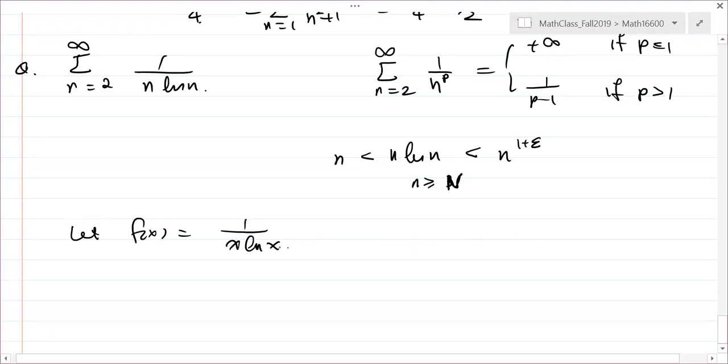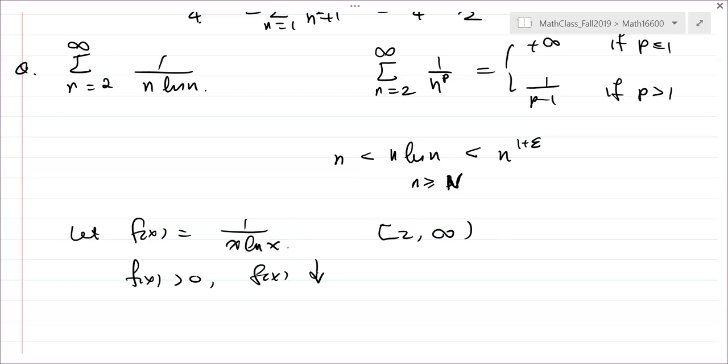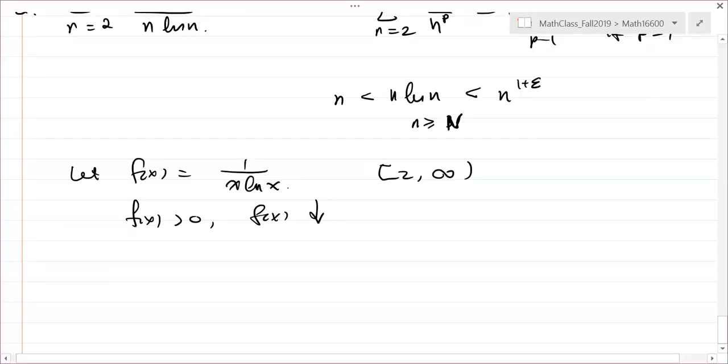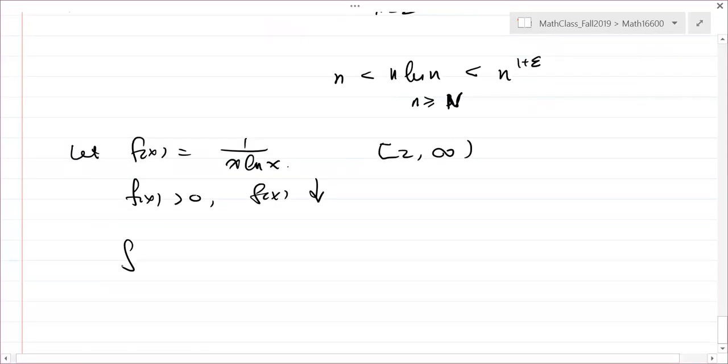First of all, this is positive on the interval from 2 to infinity, and this is clearly decreasing. Why is it decreasing? Because the denominator is increasing. It's obvious. So I'm going to integrate from 2 to infinity, f of x dx.